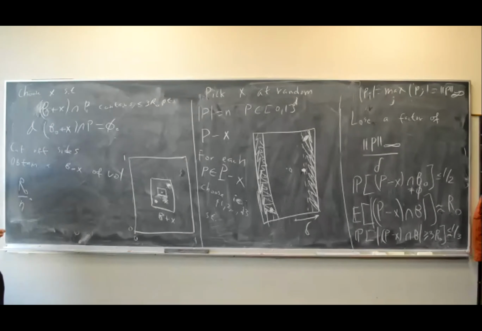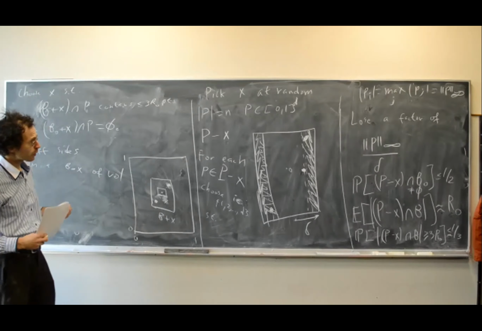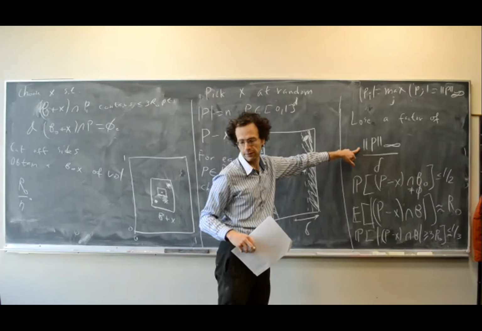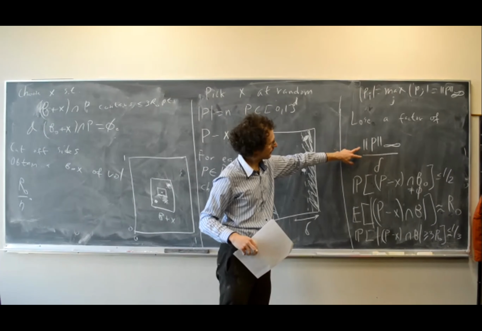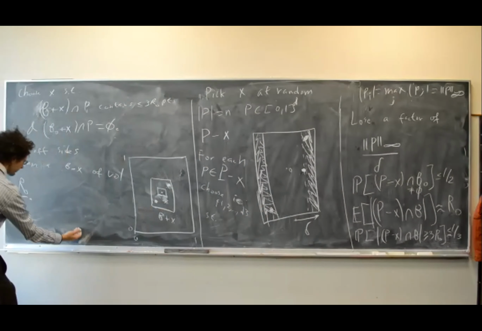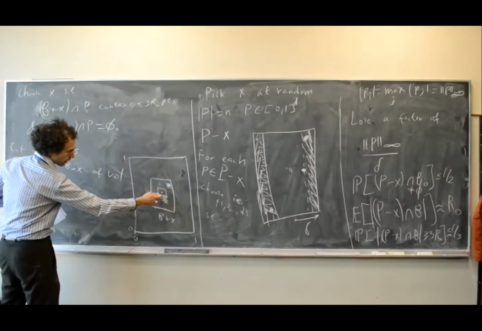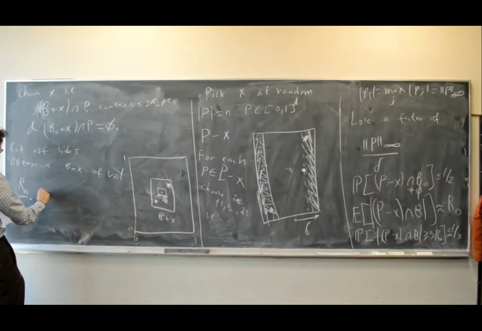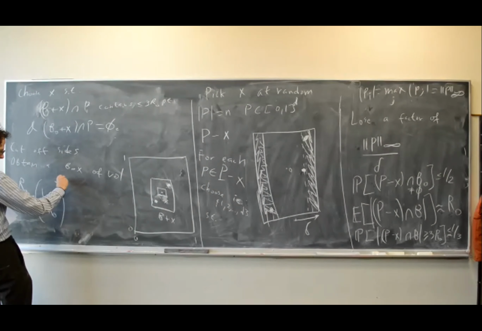Each time we lose, we are losing this factor, but none of the points are in the center. So the L infinity norm is at least the dth root of 1/2. So each time we are losing a factor of 1 over (2R naught) to the power 1 over d.